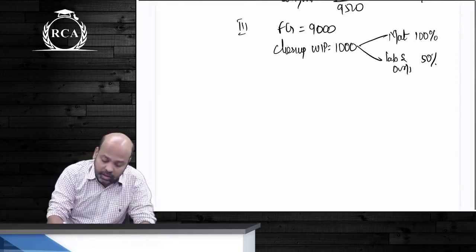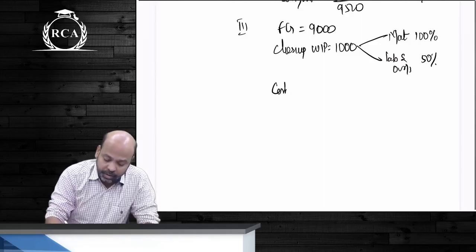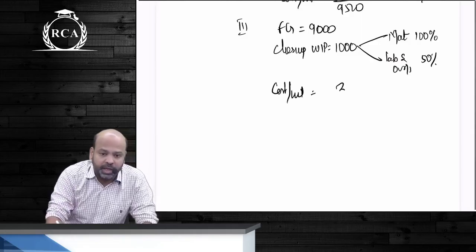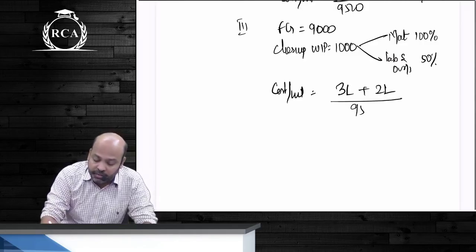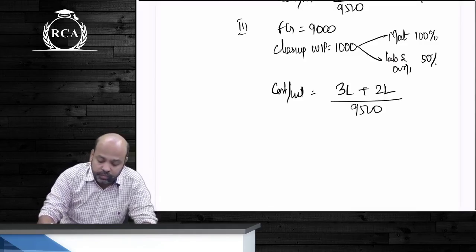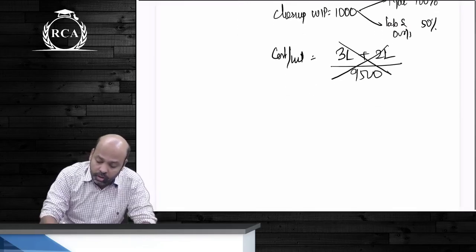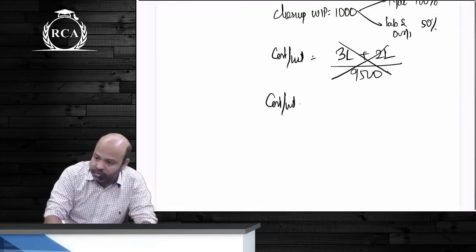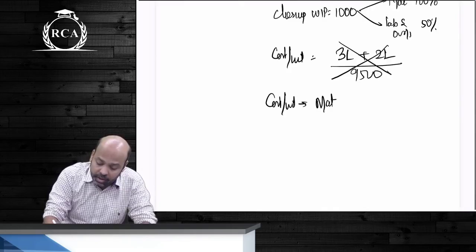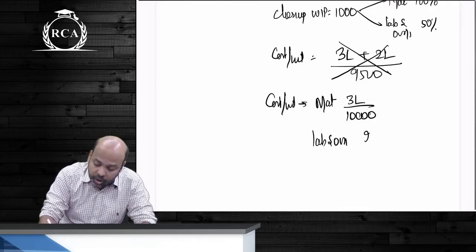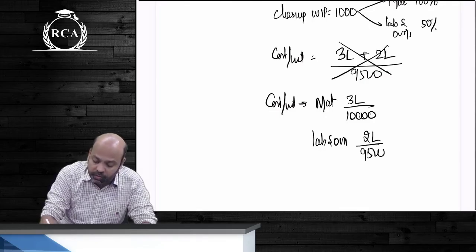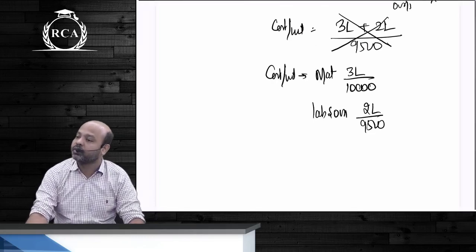Abhi tak kya kar rahe the, beta, in the previous example, I said material was 3 lakhs, labor and overheads was 2 lakhs, and I directly divided this by the units. I can no longer do that. Now when I write cost per unit, guys, for material, it is 3 lakhs by 10,000 units. But for labor and overheads, it is 2 lakhs by 9,500 units.